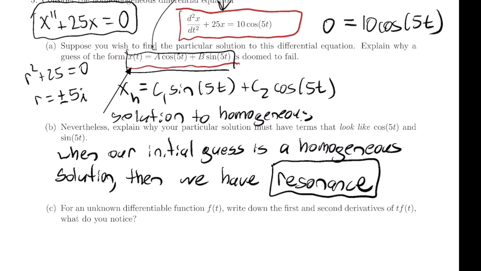And this is what causes bridges to collapse and wine glasses to shatter, exactly this occurrence of resonance. If our forcing function has the same period as our homogeneous solution, then weird things can happen.